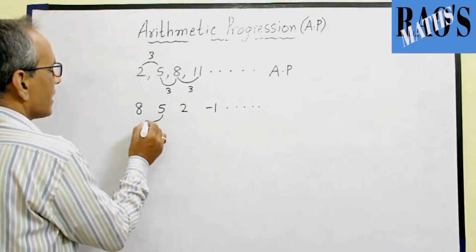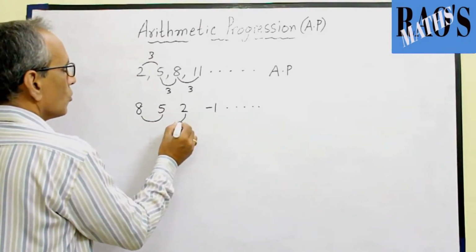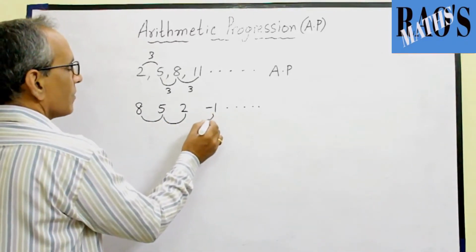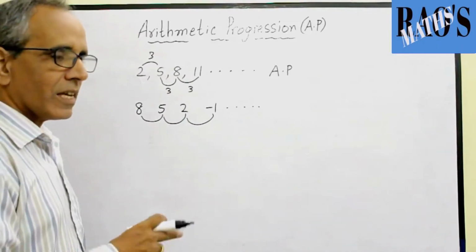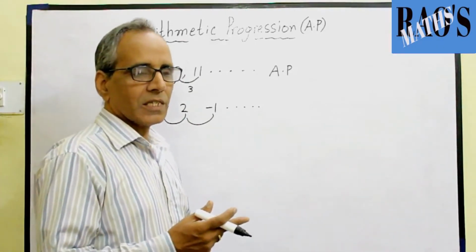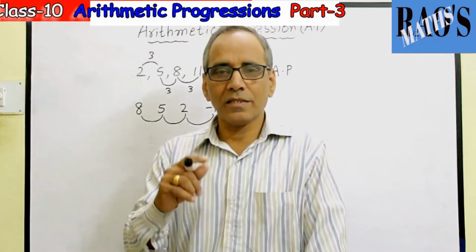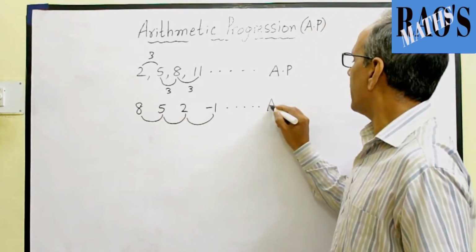That is 5 minus 8 is minus 3. 2 minus 5 is minus 3. Minus 1 minus 2, the difference is of course minus 3. So you take any two consecutive numbers, the successive minus predecessor is the same. If so, we call that by the special name AP.